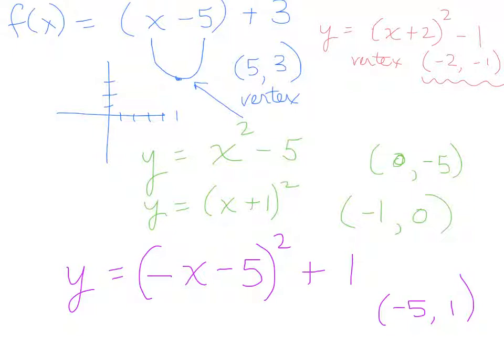Because this one, remember that negative inside, it affects your shift. Normally, without that negative, you would go to +5, but that negative reverses your shift. Or if you solved this thing, what do you plug in for x that would make it 0? If I plug in +5, I get -5 minus 5, which is -10. So it's got to be -5, 1.